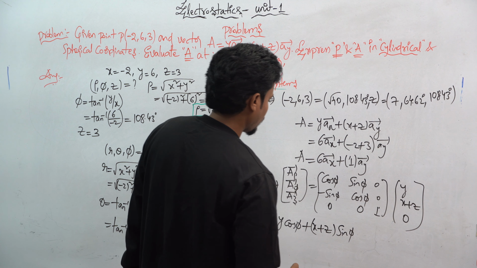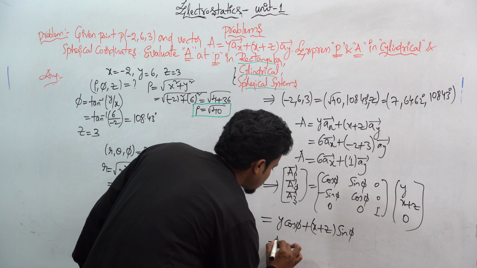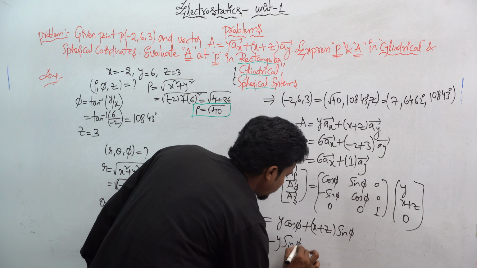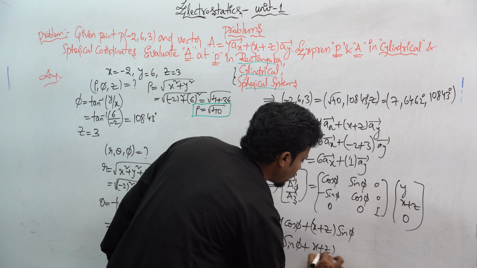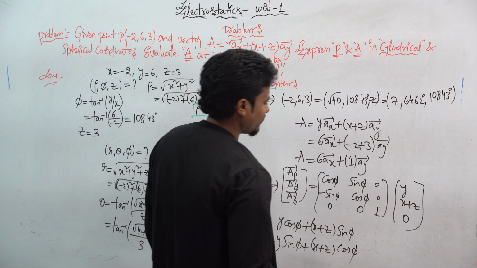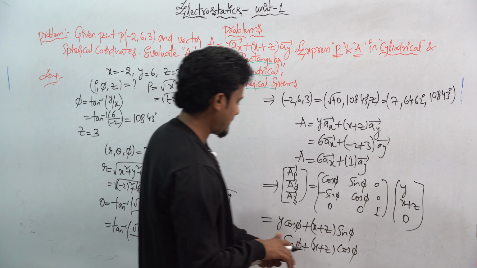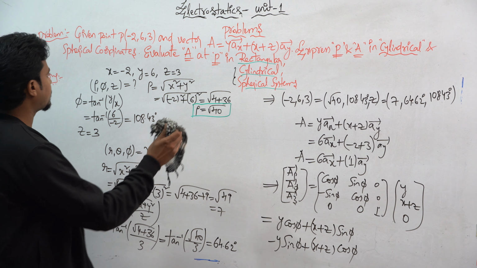Next will be minus y into sin phi plus (x plus z) into cos phi. And next, you can take the z component as 0, right? If you want to write in the matrix form, how can you write?